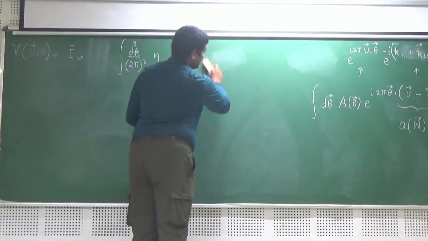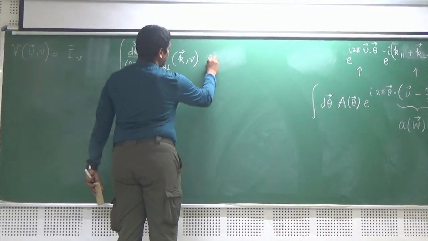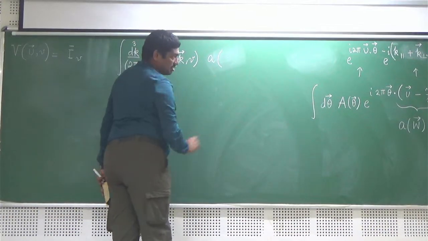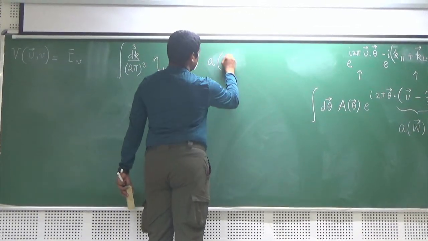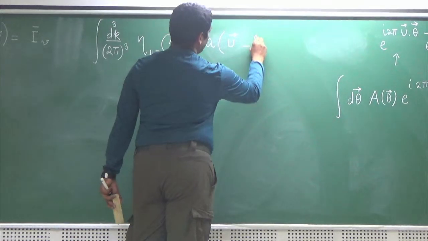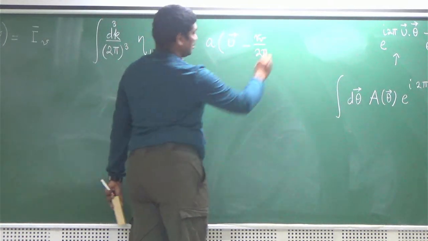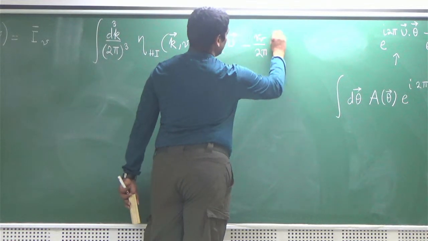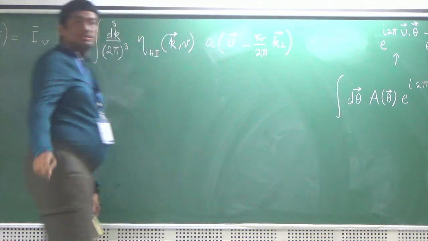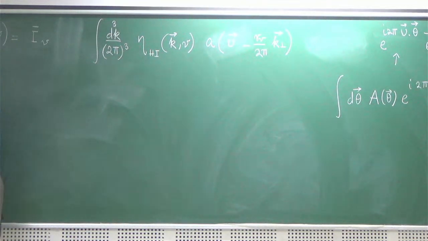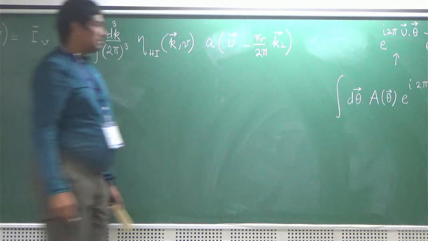So I can change this a little bit and forget this. I can write A, not tilde, of q minus r nu by 2 pi k perpendicular, that is W. And what else remains?